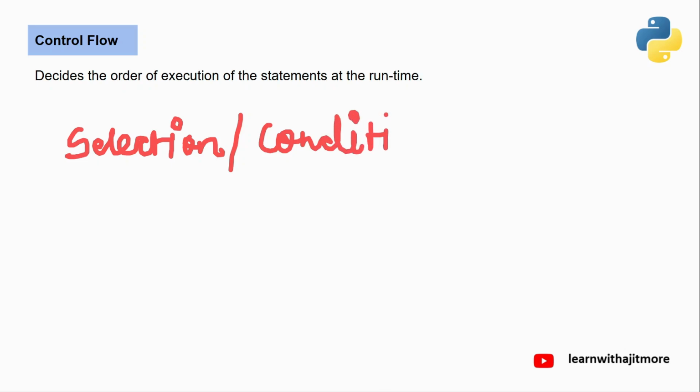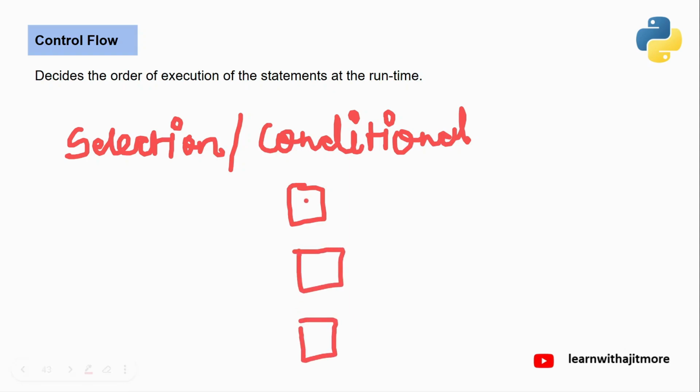Now, in this case, many code blocks are there, but you don't want to run all of them. One code block is doing something, the second code block is doing something else, a third as well. But you want to run any one of the multiple code blocks selectively, and the selection is done on the basis of a condition.